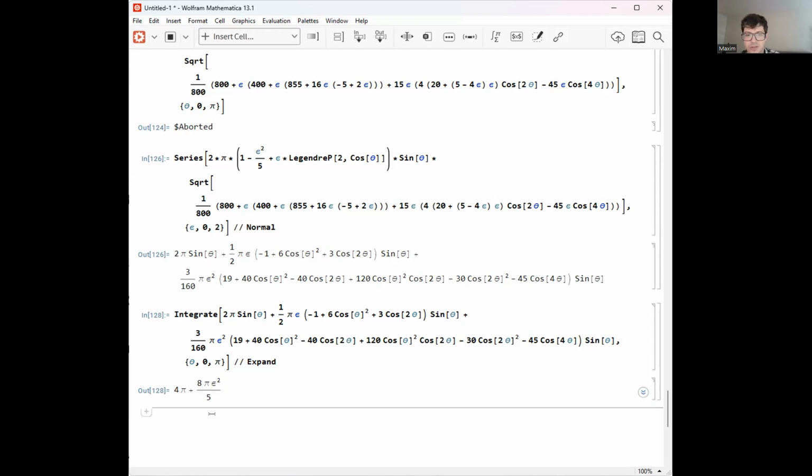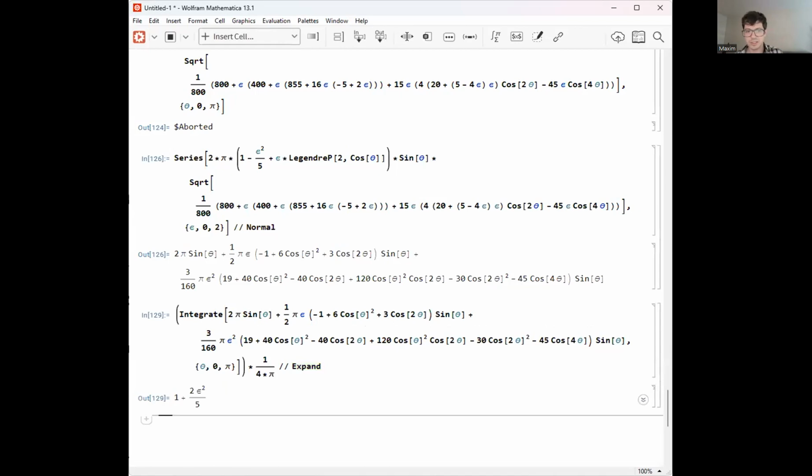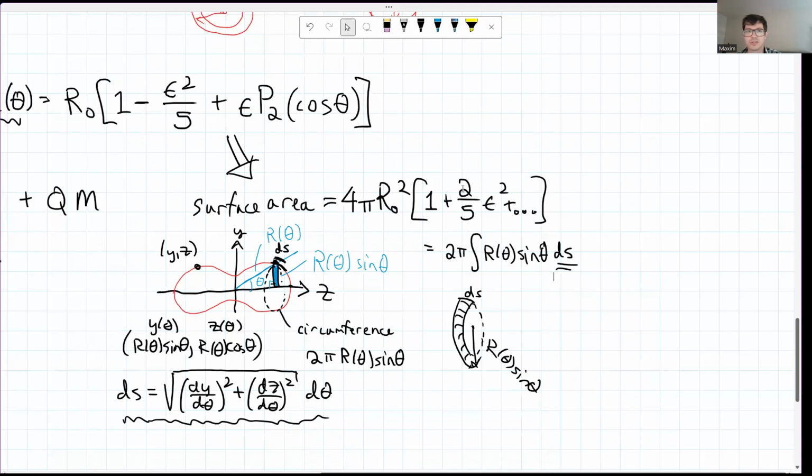If we divide all this by 4 pi, we get the leading order of 2/5. So kind of complicated, but it can be done. And indeed, you find that the leading order correction is 2/5. That's the increase in the surface area due to this funny shape.